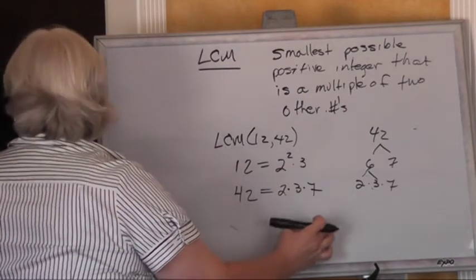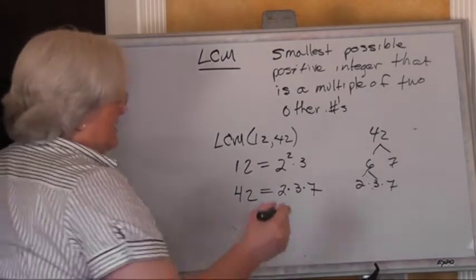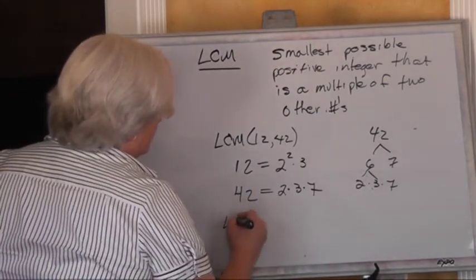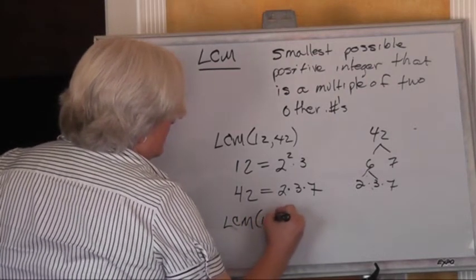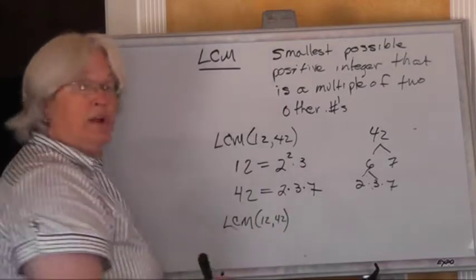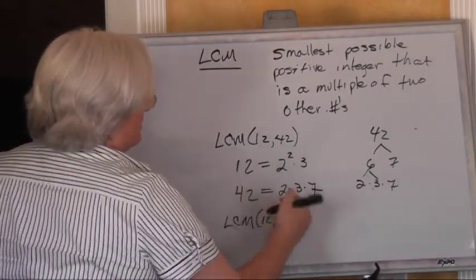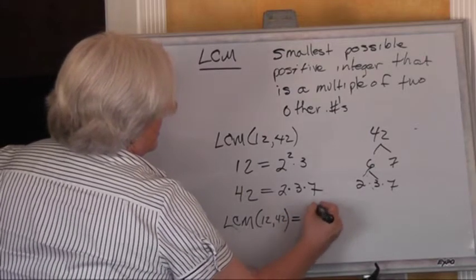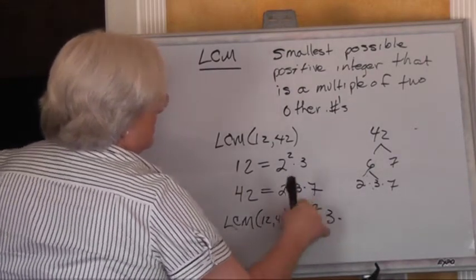We've written them in exponential form. Now, to get our least common multiple, we're going to write the largest exponential form of each factor. 2 squared and 2, that's 2 squared. 3 and 3, just 3. And 7, just 7.